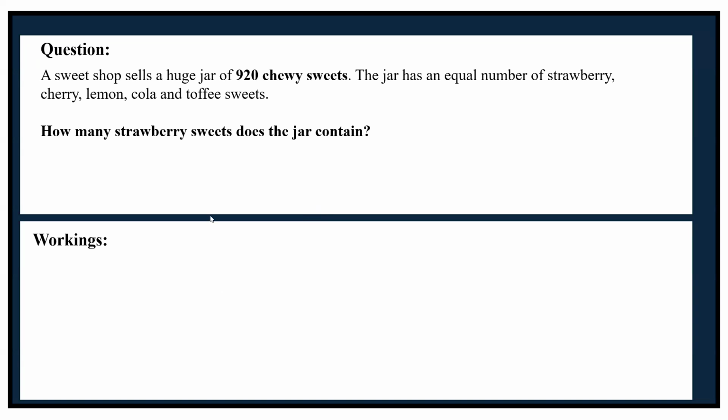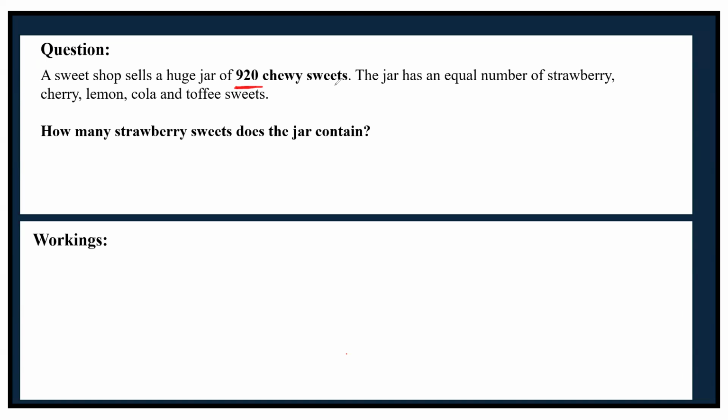A sweet shop sells a huge jar of 920 chewy sweets. The jar has an equal number of strawberry, cherry, lemon, Coca-Cola, and toffee sweets. How many strawberry sweets does the jar contain?